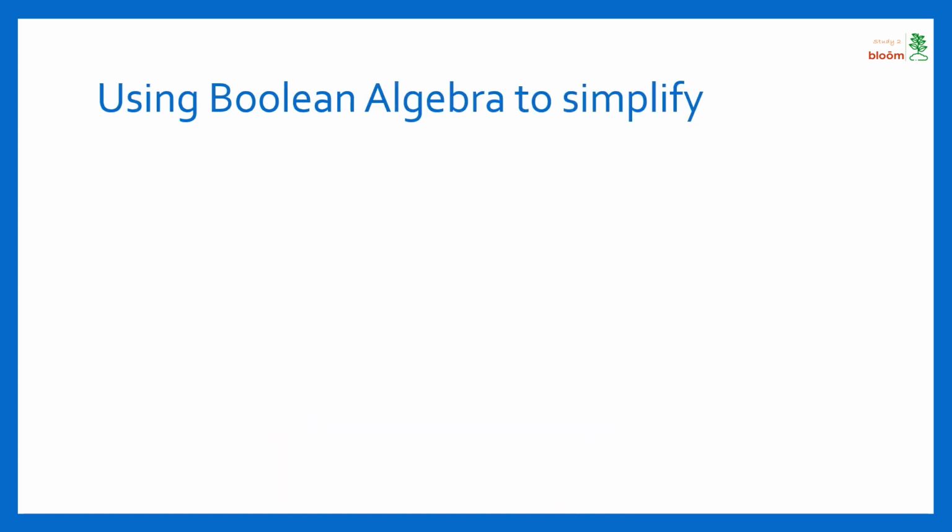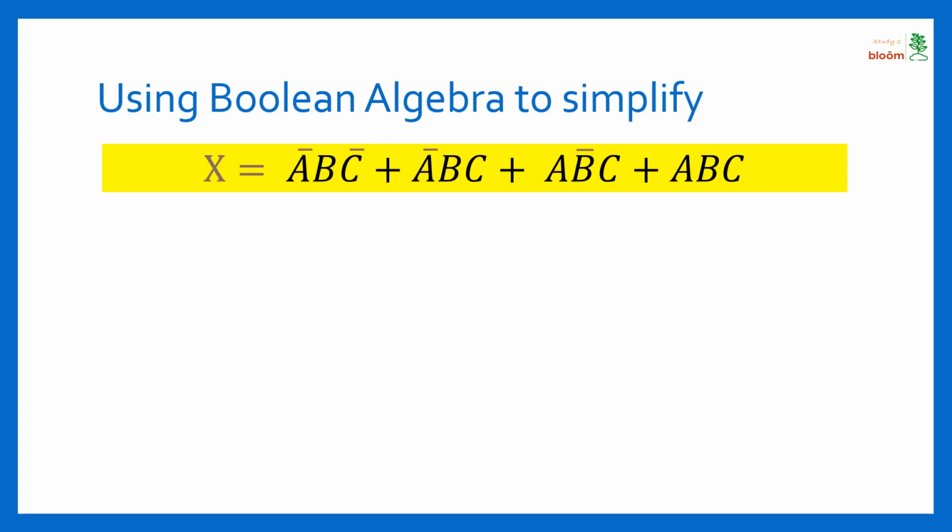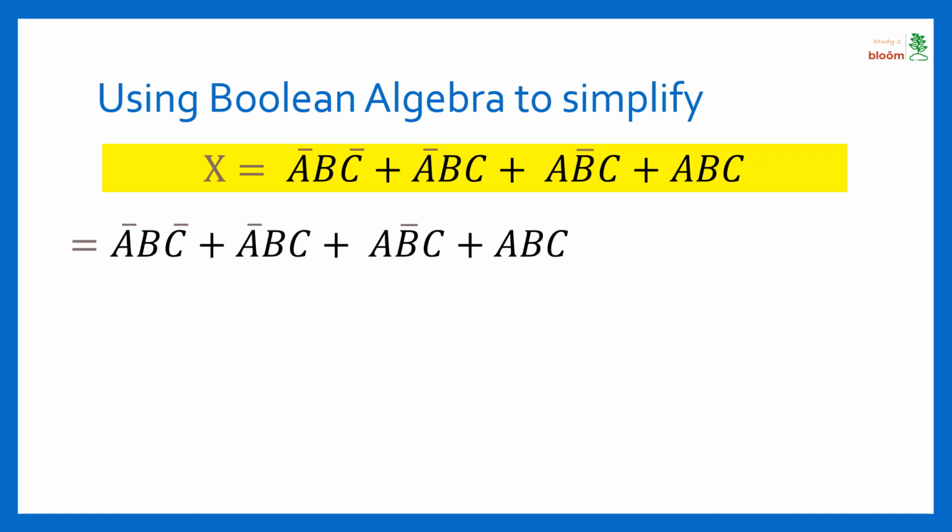Now let's see how to use Boolean algebra to simplify Boolean expressions. Here we have a sum of products expression. Now let's simplify it.